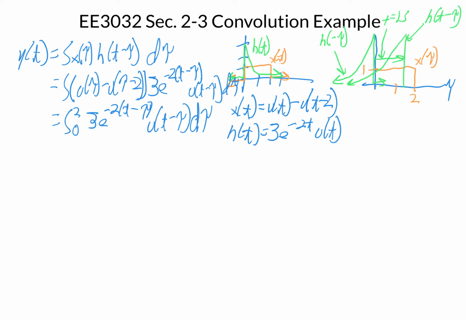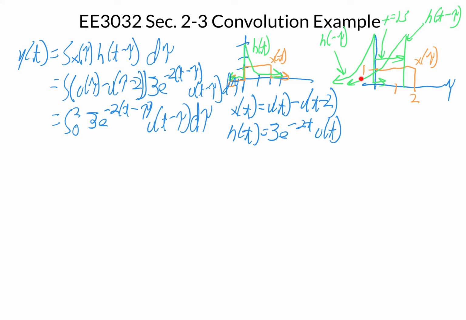Notice what we're doing here is we are multiplying together the x function, the orange function, and the h function, the green function. So this version here that I've drawn of h of 1.5 minus tau overlaps, and I then multiply those functions together, and I have something to integrate.